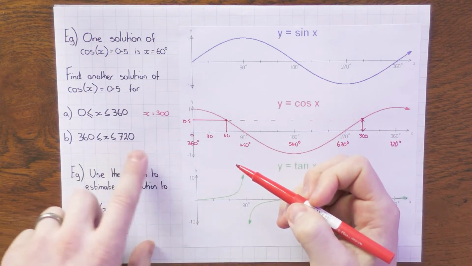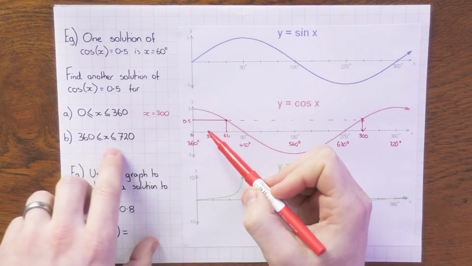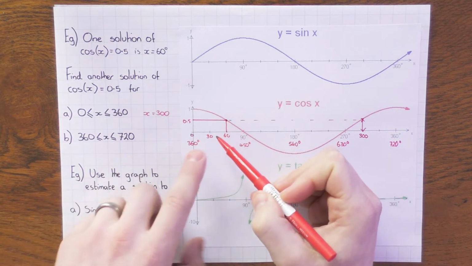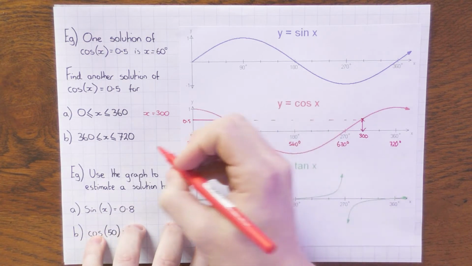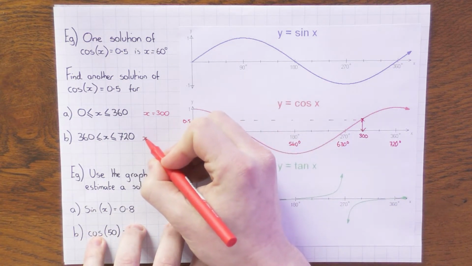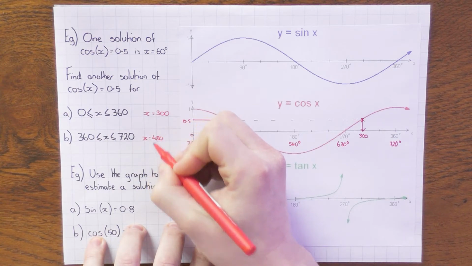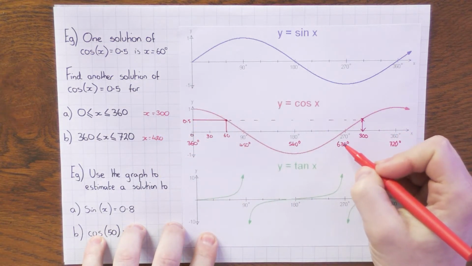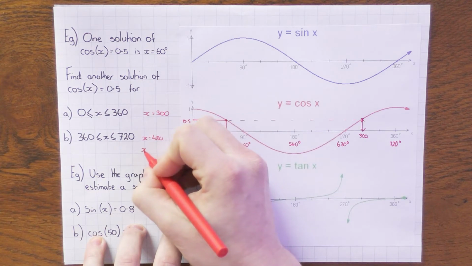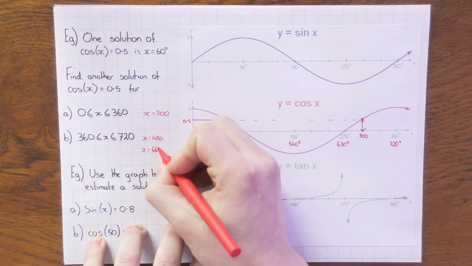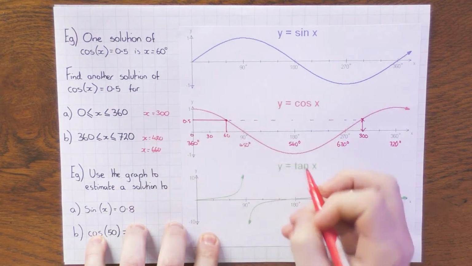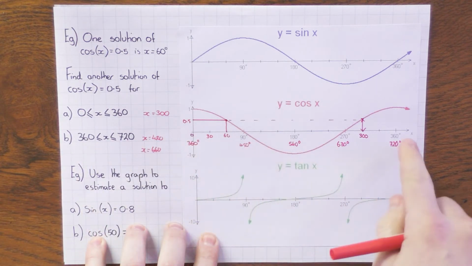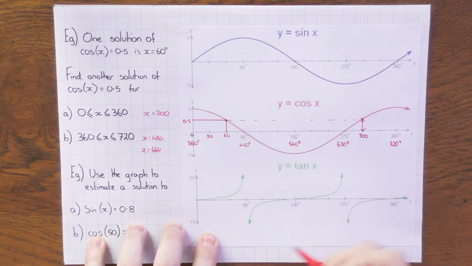Okay, so again, what would it be? Well, it's going to be the same points here. So this bit here, if that was 450, I go back 30. So that would give me 420. Or this one here, I would have 630, add 30, so x could also be 660. So there's my two solutions for the range of 360 and 720.